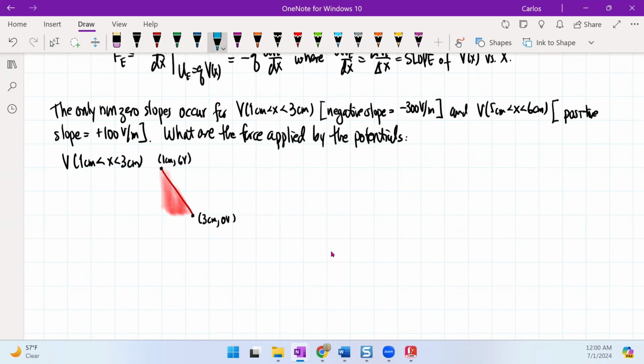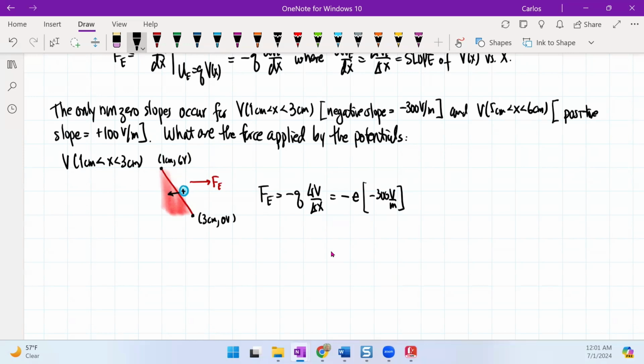And so when a charge interacts with this barrier where it can't escape, then we know it's going in that direction. So if we're going to repel it, that means that the force has to be in this direction right here. So what is that force? Well, this force is then going to equal minus Q delta V over delta X. And this will be equal to minus E, but we already calculated the slope, which is 300 volts per meter.